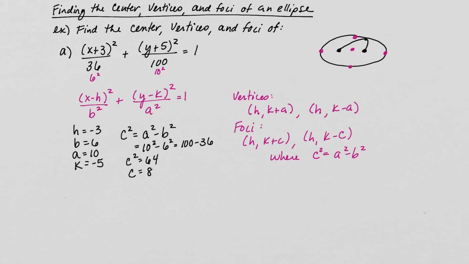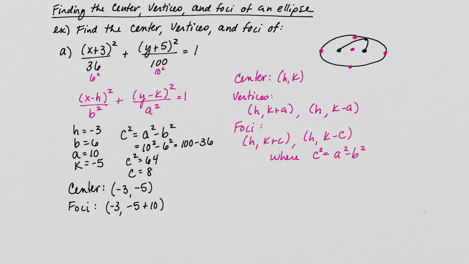And now we just have to plug in. I didn't write it down, but the center is going to be (h, k), so in this problem the center is (negative 3, negative 5). The vertices are going to be (h, k plus a), so (negative 3, negative 5 plus 10), and (negative 3, negative 5 minus 10).